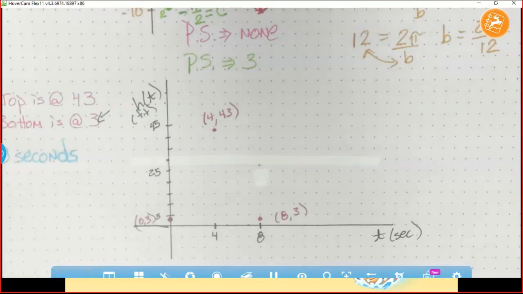Question. Where's halfway? How high up do I go when I'm going halfway? So if I start at 3 and I go up to 43, where is halfway?